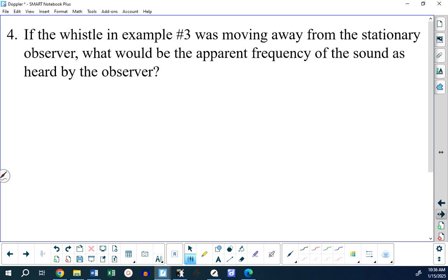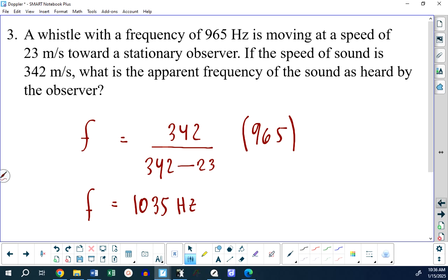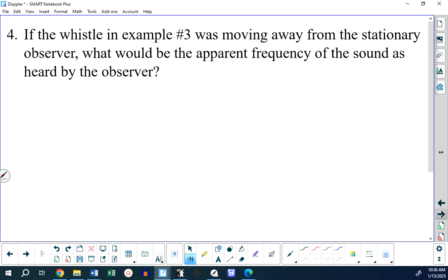Okay. And finally, if it were moving in the opposite direction, the only thing that would change is this would be a plus. Pretty basic. So you would have 342 over 342 plus 23 times the 965. Did I get all my numbers right this time? Okay.